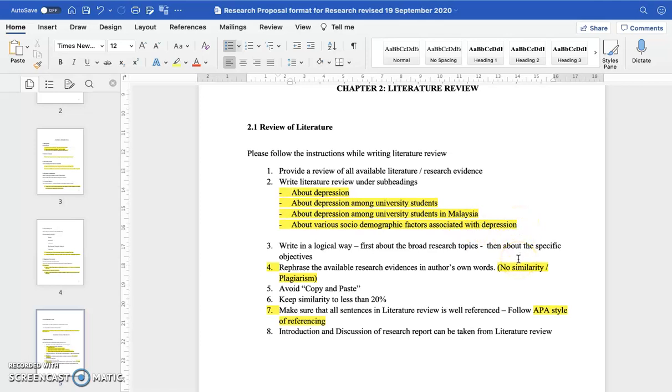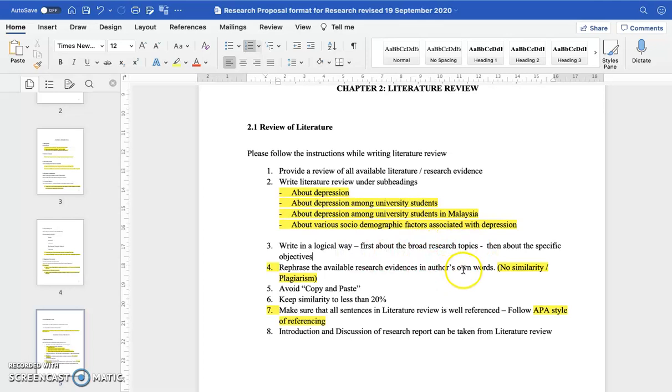Each line of the literature review should be referenced. And it should be rephrased in your own way. No plagiarism, no similarity. The author's own words it should be. Avoid copy and paste. And the literature review should be written in a logical way.